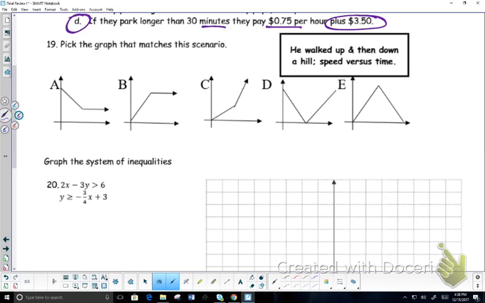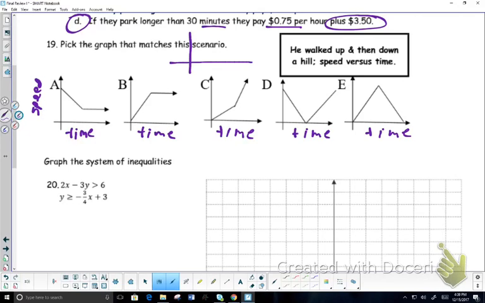Pick the graph that matches this scenario. He walked up the hill and then down a hill, and it's speed versus time. So if it's speed versus time, that means these are going to be time, and this, the y, will be speed, right? Okay, so thinking about just what that would look like.